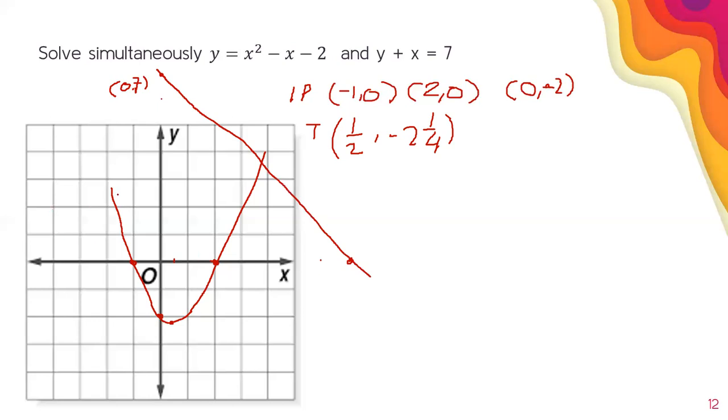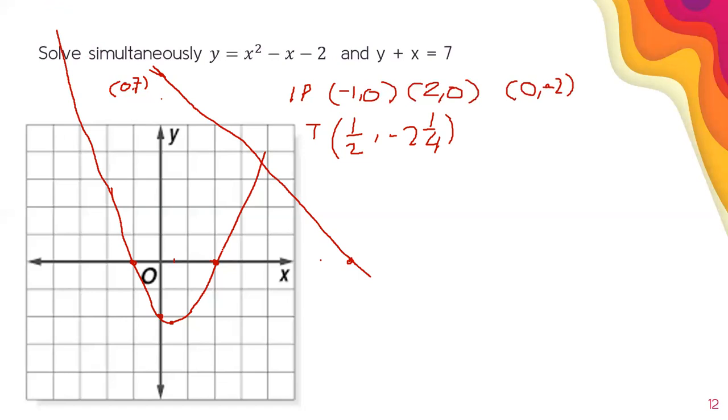Right. So if we continue to draw going up this graph, this parabola, later this straight line and this parabola are gonna have the intercept point around here.